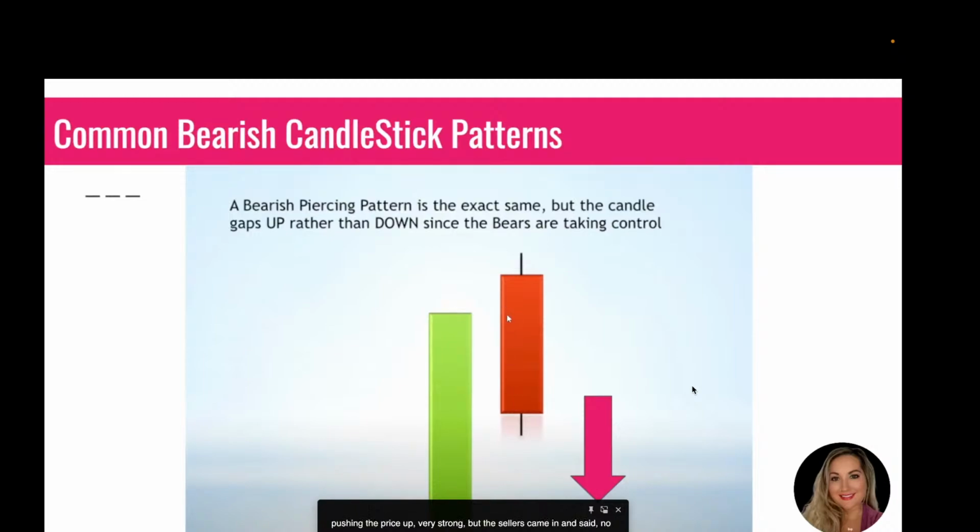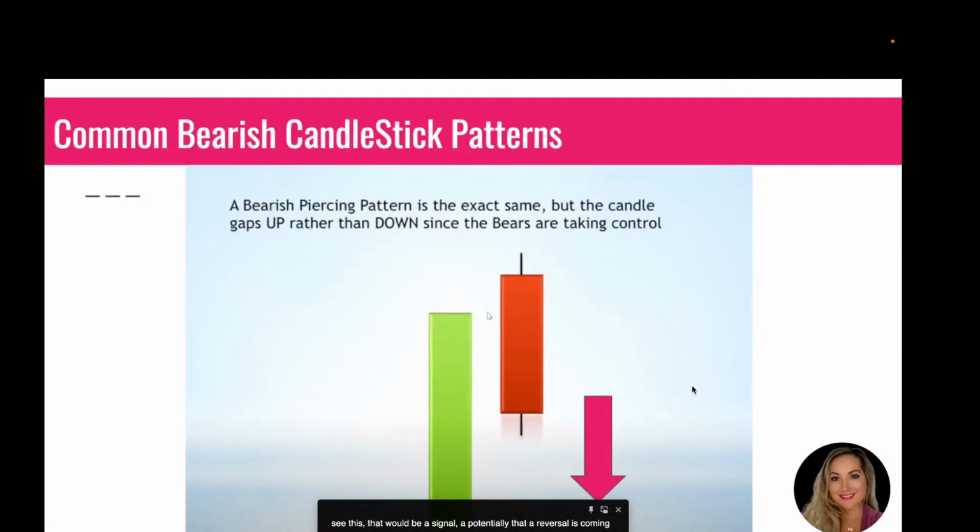They had been able to push the price back down at least 50% or more of what the buyers were able to accomplish. So if you see this, that would be a signal potentially that a reversal is coming, and just showing that basically the gap would also be less than what they were able to cover.